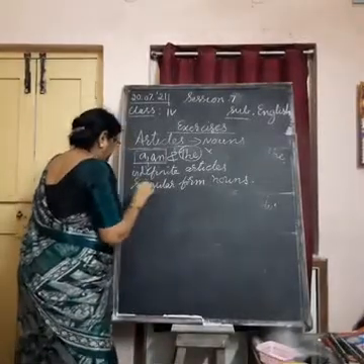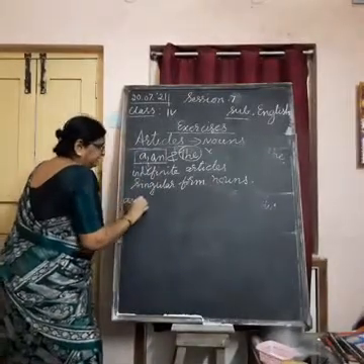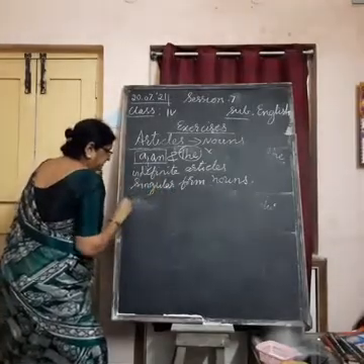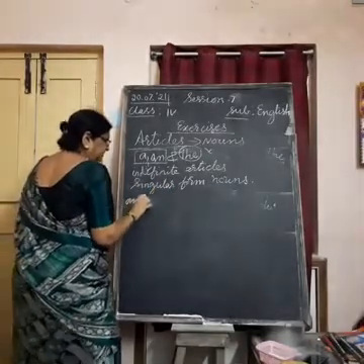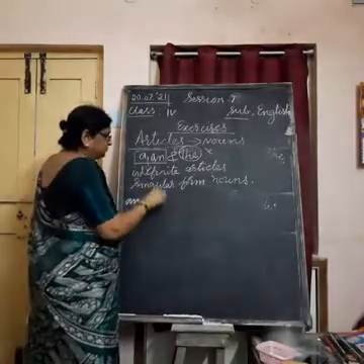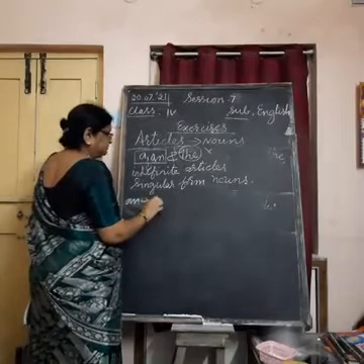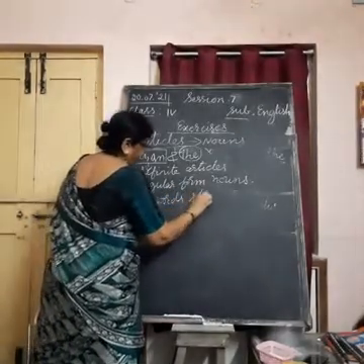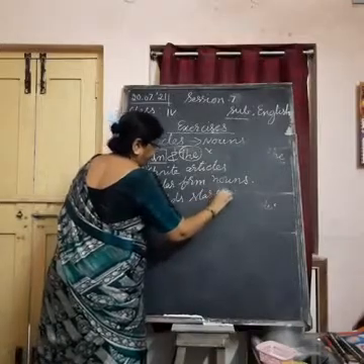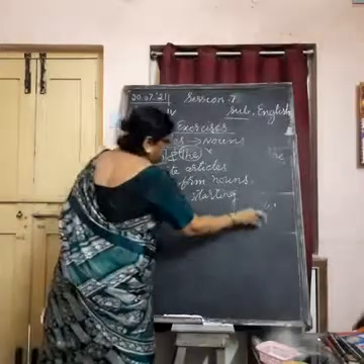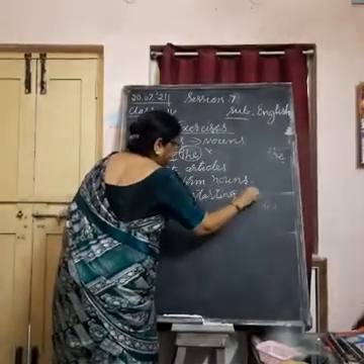Now an. First let us take an. If we complete an, it will be easy for us to know about a. An is used with the words starting with a vowel.